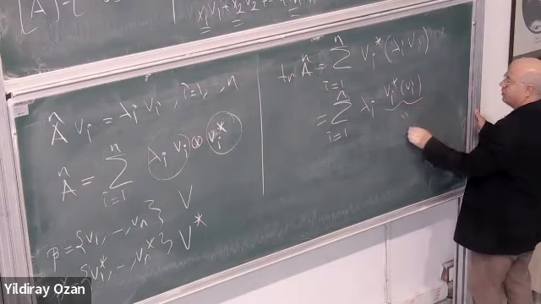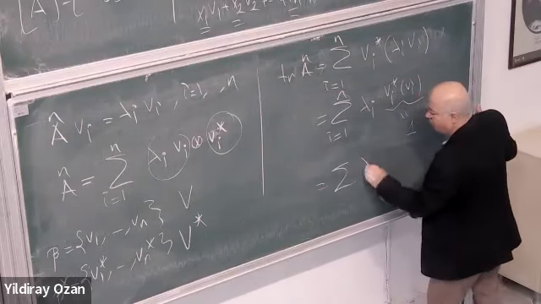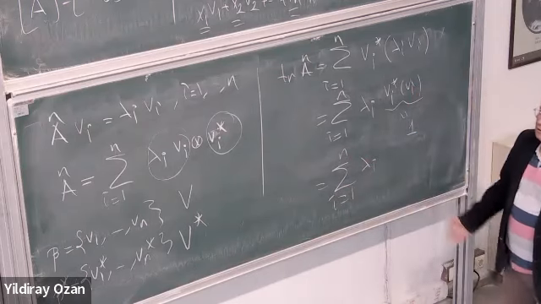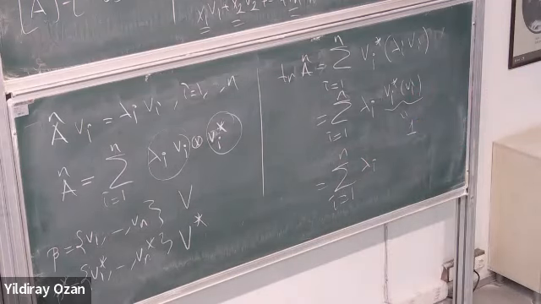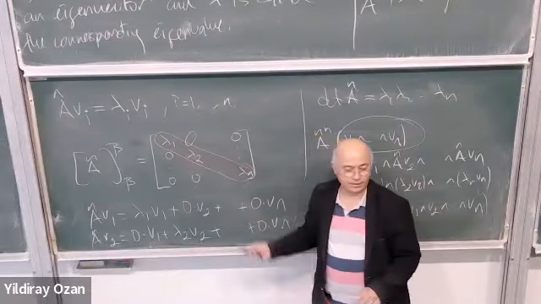We know that it is just 1. Therefore, this is just the sum of lambda i's. Of course, that's not a surprise, right? The trace of this operator is just the sum of the diagonal entries.